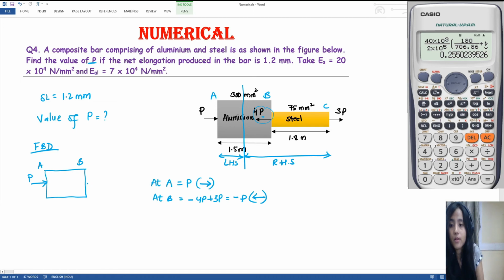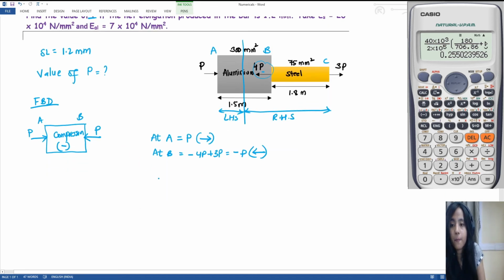So this AB section is under compression, which means the length of this body will decrease. Let us name this P1, so for section 1 it comes equal to P. The forces are not mentioned, so just keep it as P here. And let us draw the FBD for the second diagram, BC.